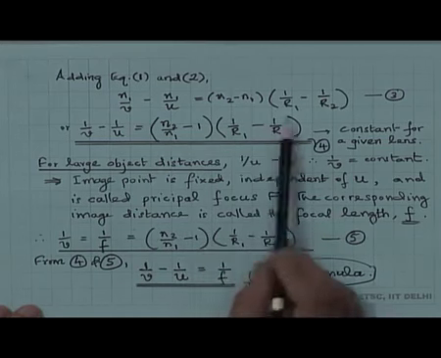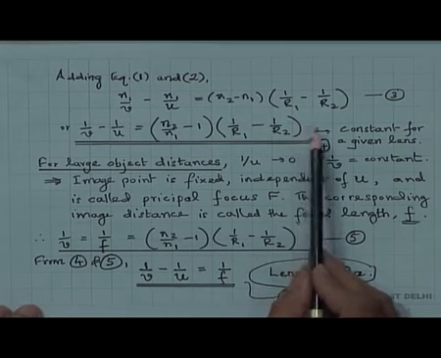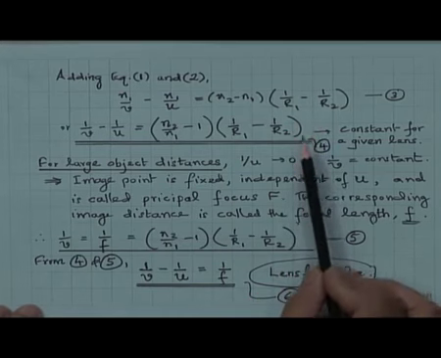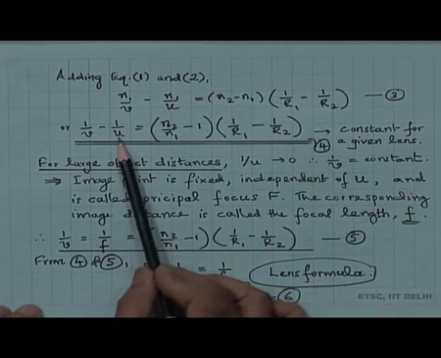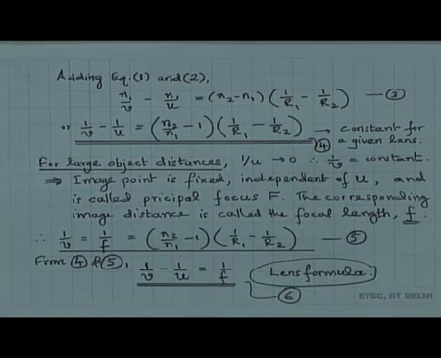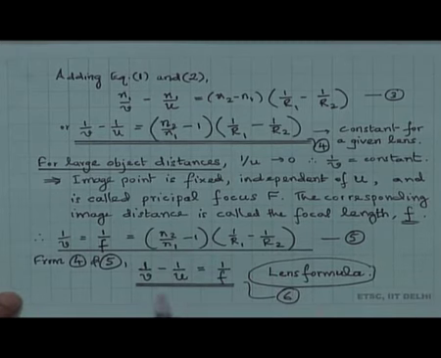Basically, what we have said is this is a constant which is equal to 1 by f. Now, what is that f? f is the focal length, f is the focus where parallel rays from a distant object converge onto the point f. So, this I will illustrate. So, this is the important formula which is called the lens formula.